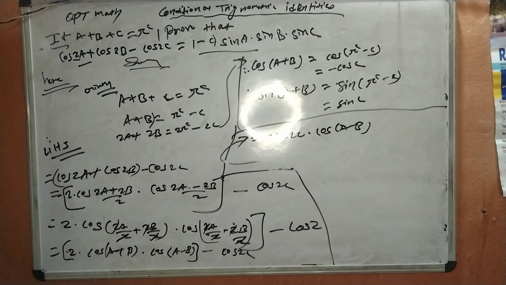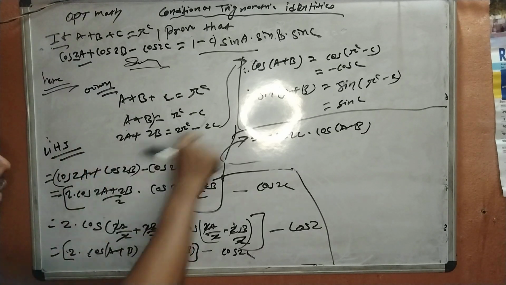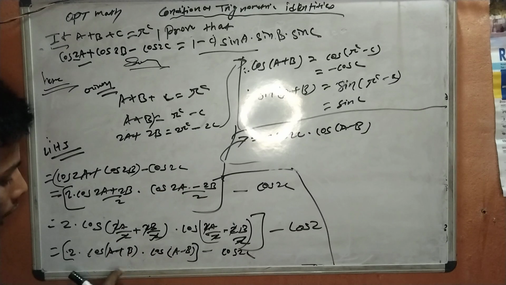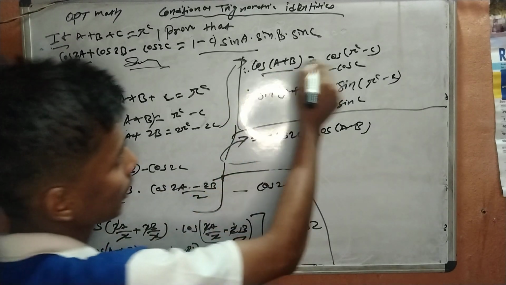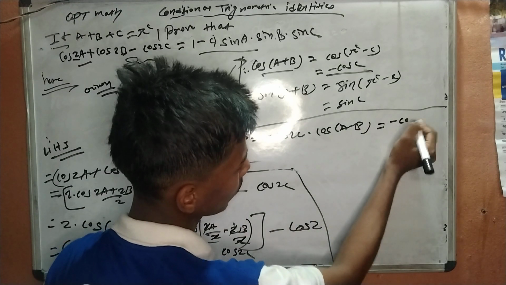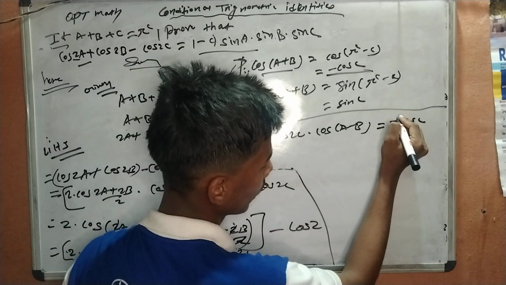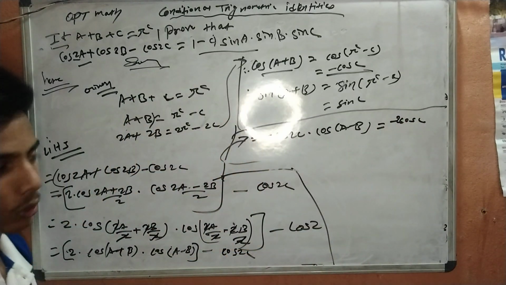Here cos a plus b is given, minus cos c, so we write minus cos c here, and here is given 2, so we write 2, so minus cos 2c.